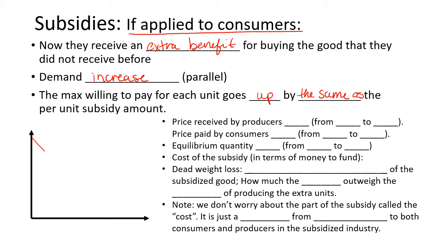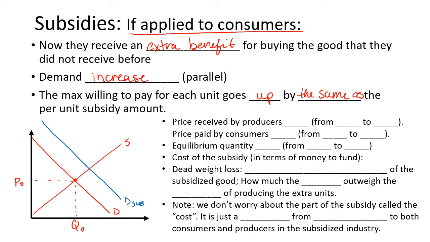So if we were to draw our starting demand and supply, label our starting point, and then we're going to have an increase in demand with the subsidy, so it shifts out like this.